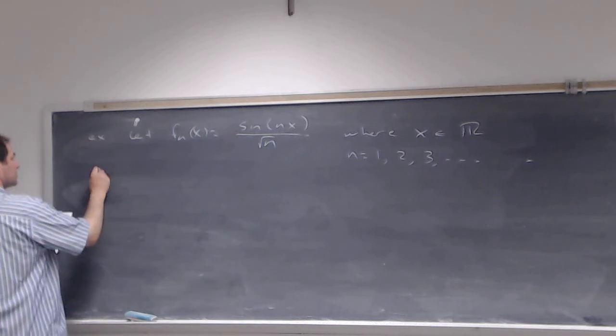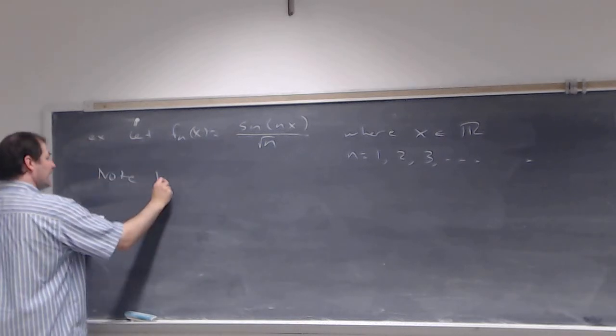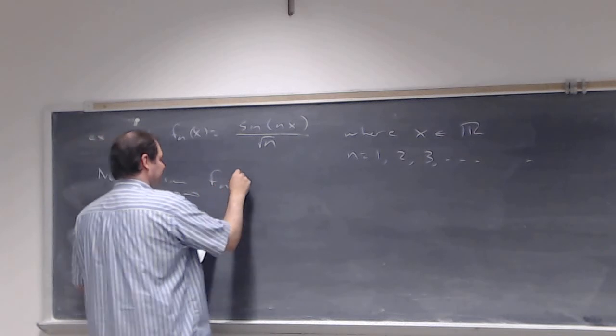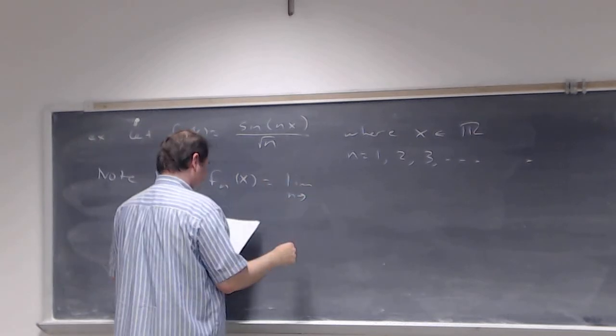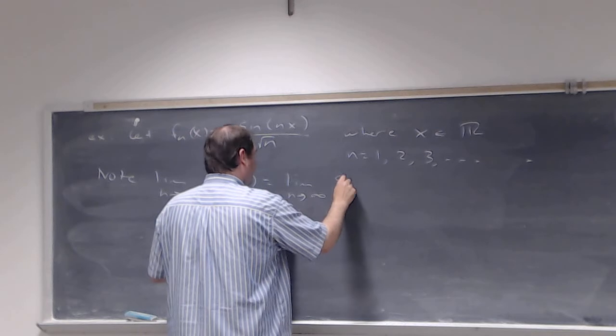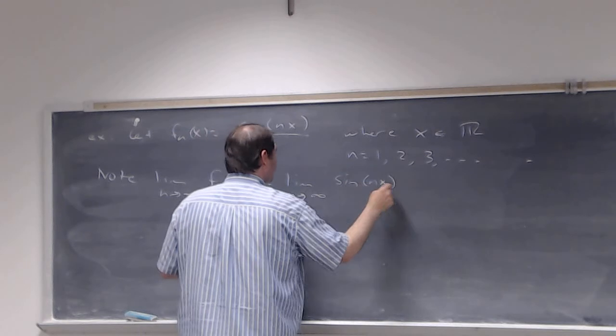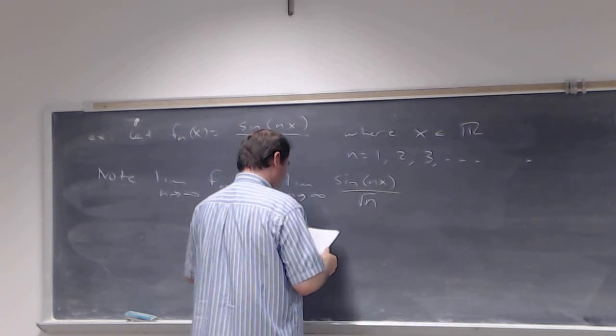Now, here's what I want us to note: the limit as n goes to infinity of f sub n of x is equal to the limit as n goes to infinity of sine of the quantity n times x over the square root of n.